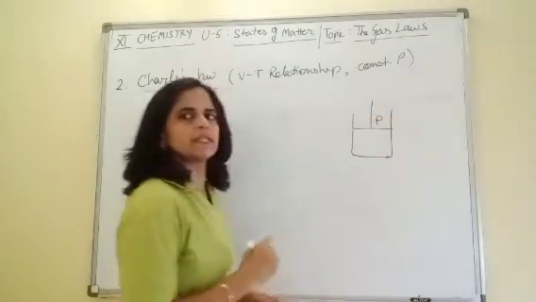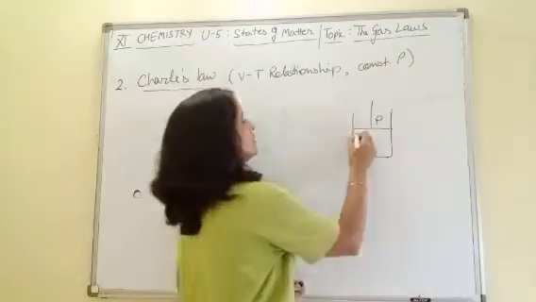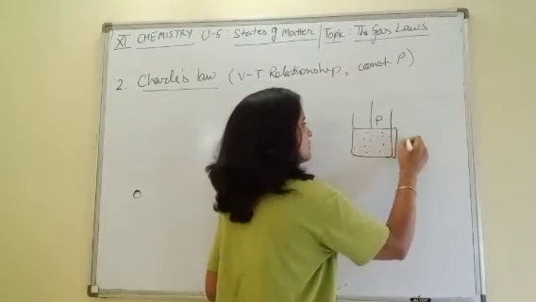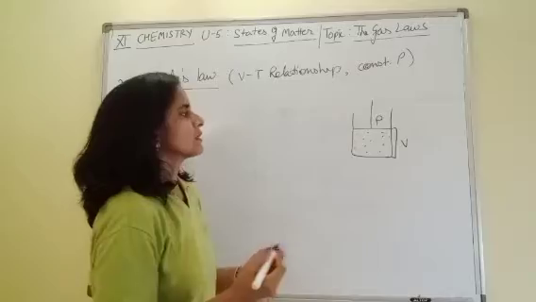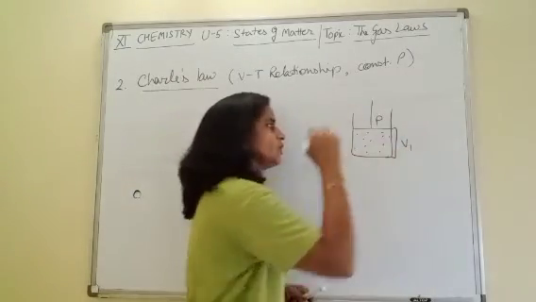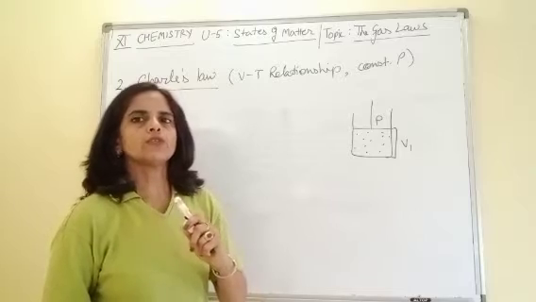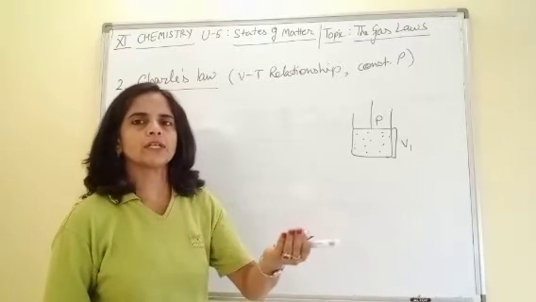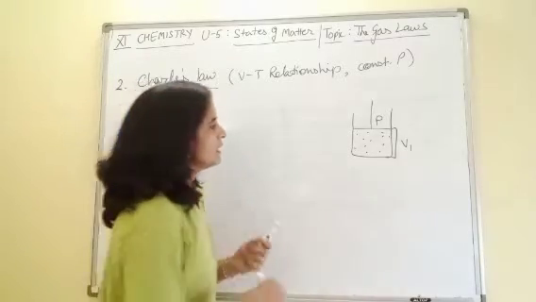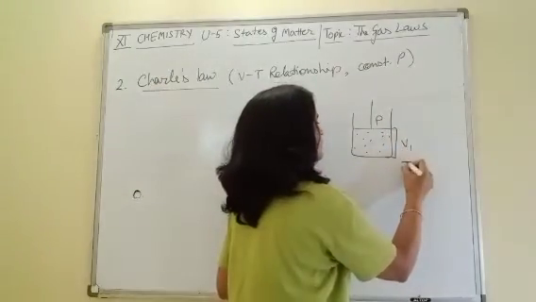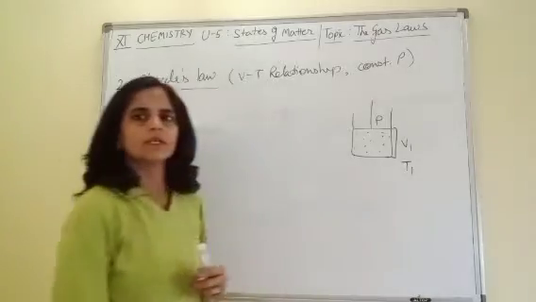Pressure on this piston is P. Let us take the volume of gas filled in this cylinder as V, or if I take the initial volume as V1, because I have to relate volume with temperature, I need to check how volume changes on changing temperature. And this volume of gas V1 is at temperature T1.